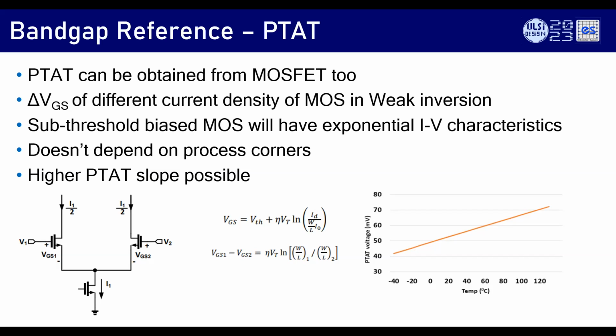You will see that it gets a PTAT slope. The only difference between this PTAT slope and the one you obtain using BJTs is that you get an eta, and hence typically a higher PTAT slope compared to a BJT. And since you take the difference between the two VGS, VT is gone, so you don't have process corners anymore. It may be SS, FF, or whatever, you don't have it. People use this also for generating PTAT. Okay, this is another popular way of generating a PTAT. No need to do it with BJTs, you can also do it with MOSFETs.